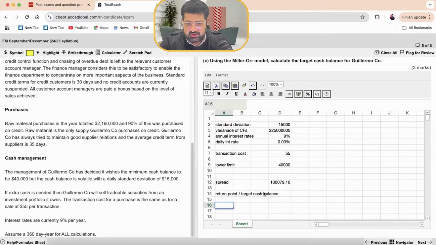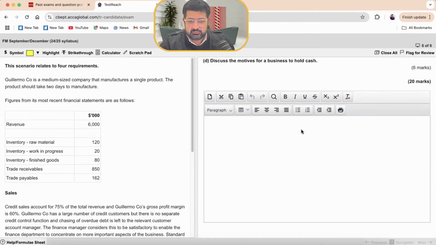So here it is lower limit plus 1 by 3 into spread. So that is the return point or target cash balance, which is done for 3 marks. Very easy. Only you need to know the variables and the simple formula is applied.